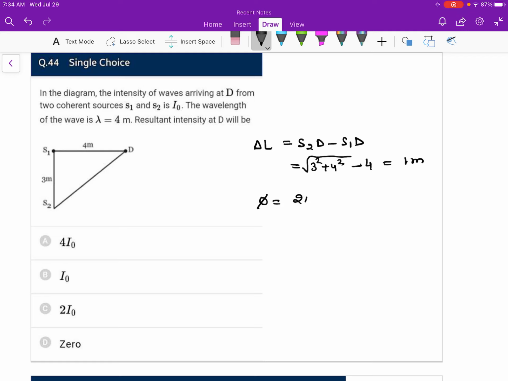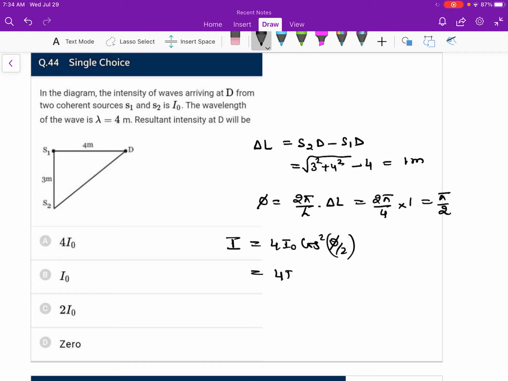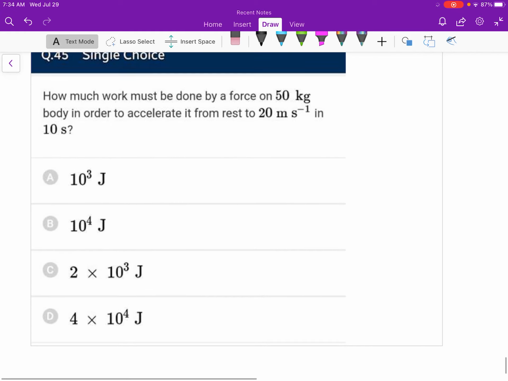So phase difference is 2 pi by lambda into delta L. That is 2 pi by 4 into 1, that is pi by 2. Now I is 4 I naught cos square of phi by 2. So that is 4 I naught cos square pi by 4, which is 2 I naught. So 2 I naught is the correct option.